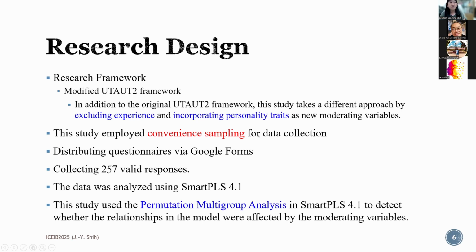And the research design can be shown on this slide. Our research framework basically is a modified UTAUT2. In addition to the original UTAUT2 framework, we also test a different approach by excluding experience because virtual try-ons are not matured in Taiwan's application, and so it's not common in our society.